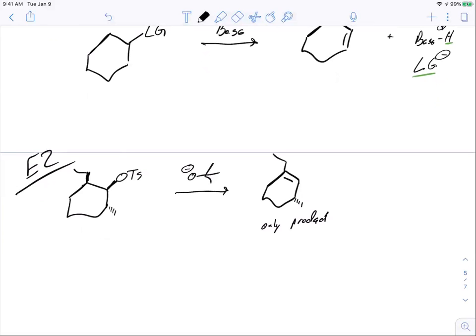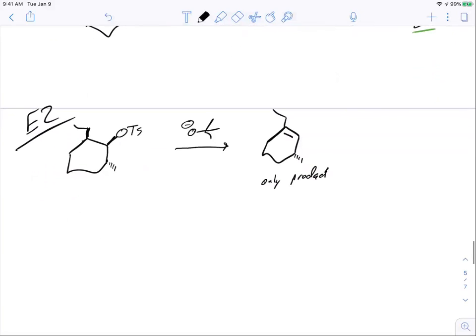So for E2 elimination, bimolecular, what's going to happen is that base is going to come in and abstract a proton.